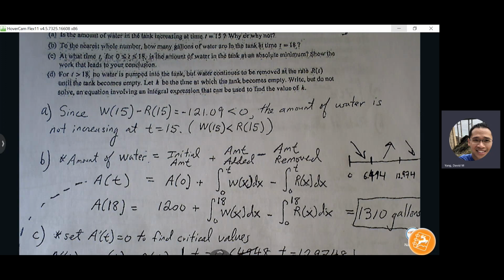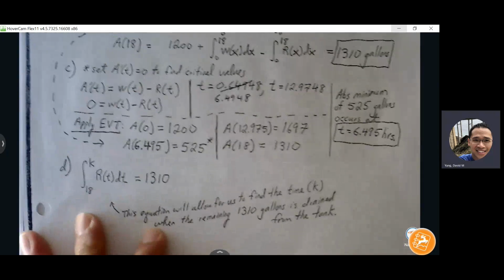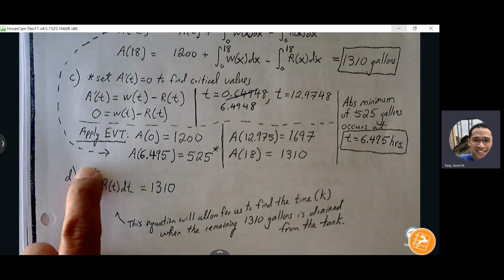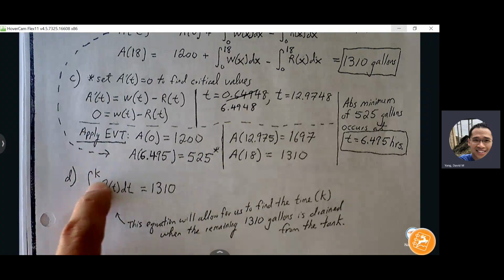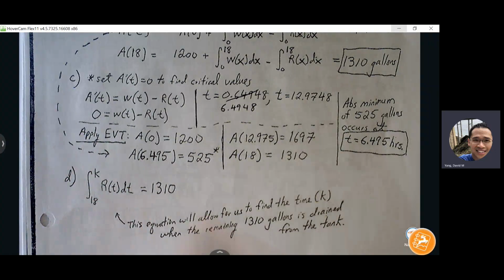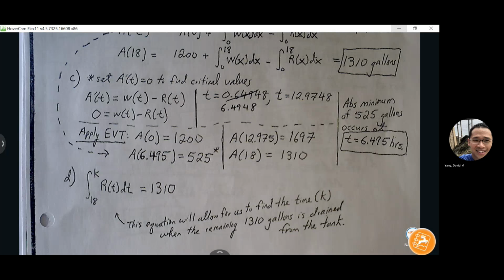It's not asking us to solve it, just to set it up. So we set up the integral from 18 to K, however long it takes for this removal to equal 1310. So that's all they're asking for part D.